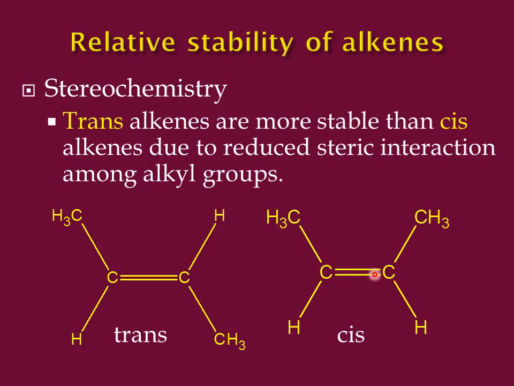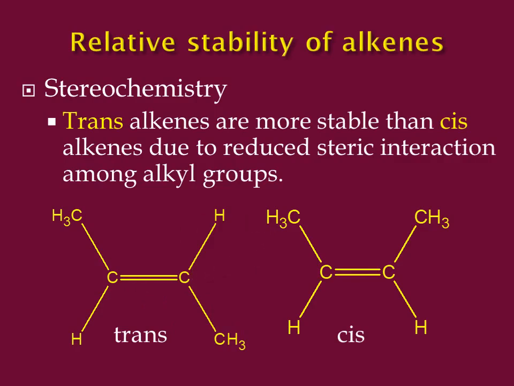But such interactions are not present in the trans structure because these two bulky groups are far apart from each other, and hence they are not going to produce their effect on the double bond, giving more stability to the trans structure as compared to cis.